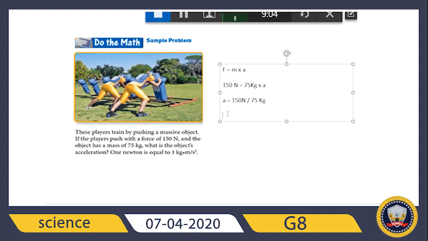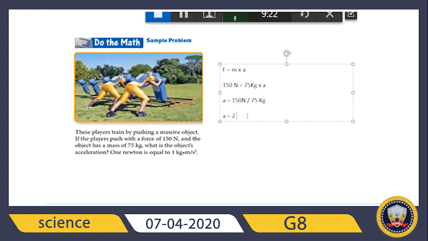Now a is equal to 150 divided by 75, which is equal to 2.